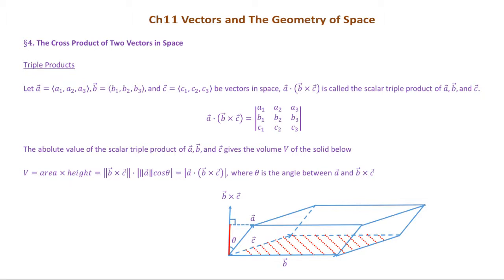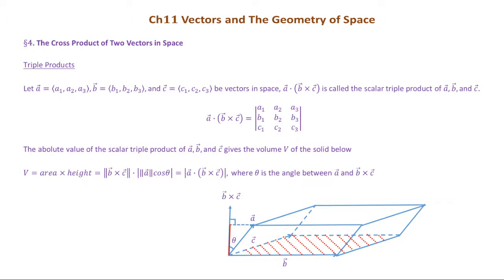And that should be the case because on the left-hand side, we got A dot B cross C. That's a dot product, although B cross C is a vector, we got the dot product on the left-hand side. We should get a number, a scalar. It should not be a vector, in other words. And this formula just tells us how to calculate the triple product.